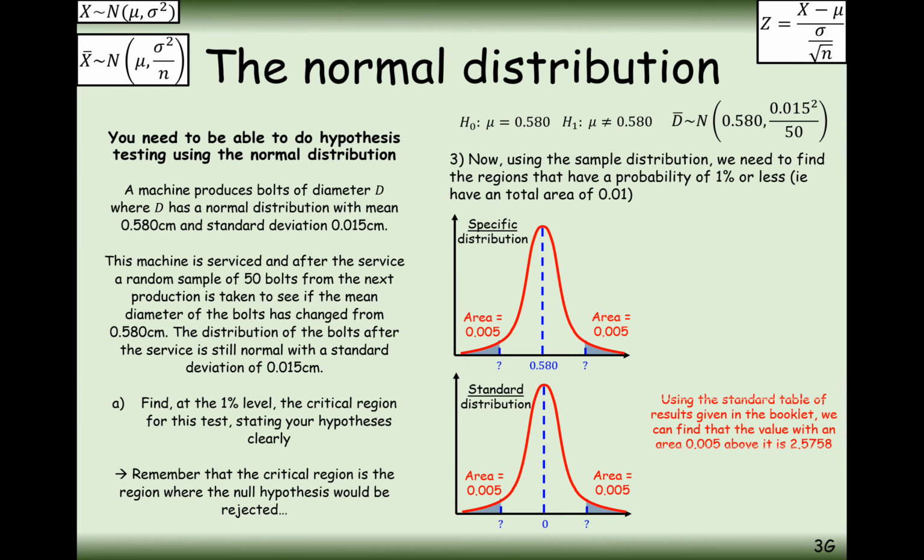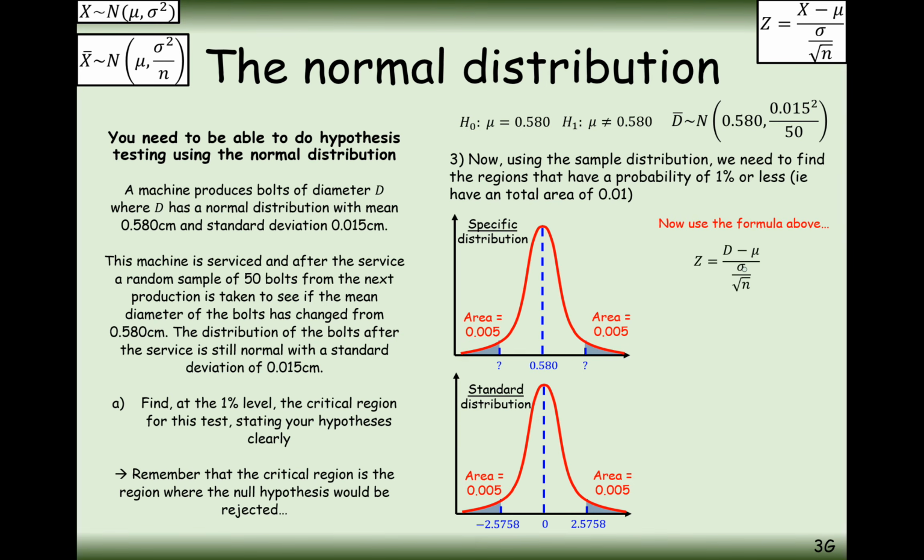So on the standard normal distribution, where the mean is 0 and the standard deviation is 1, we could look up in our standard results in the formula booklet, and we know that the Z value at this point here would be 2.5758. Symmetrically, it would be minus 2.5758 on the left-hand side.